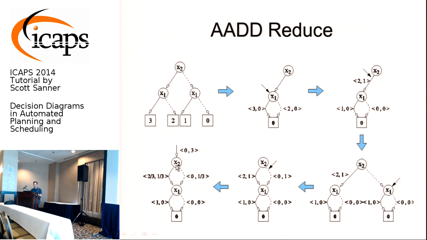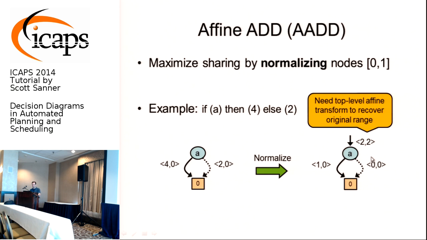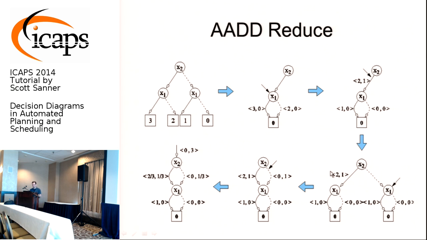Because the affine transform is edge dependent, now you actually can have the edges pointing to the same subdiagram, right? You can't necessarily get rid of x2 here, because depending on whether x2 is true or false, you get different affine functions. Okay? But the key is, with this definition of normalization, that every function is 0, 1, you can just modify the reduce algorithm to enforce that, and you get these minimal diagrams.